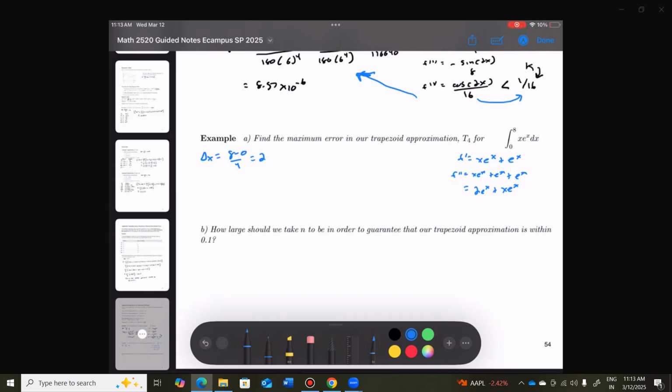And with the idea that this is going from 0 to 8, we can compare this to 8e to the 8 plus 2e to the 8, which is less than or equal to 10e to the 8. And this is where we're going to set our k value.